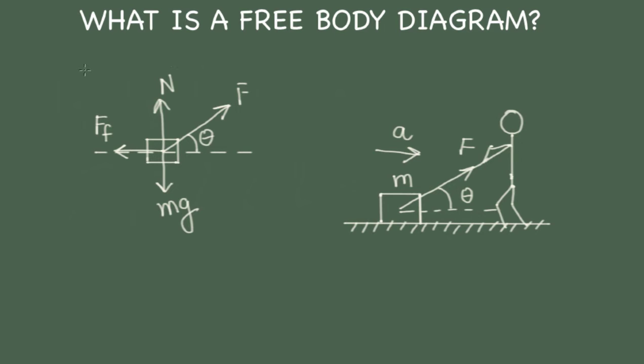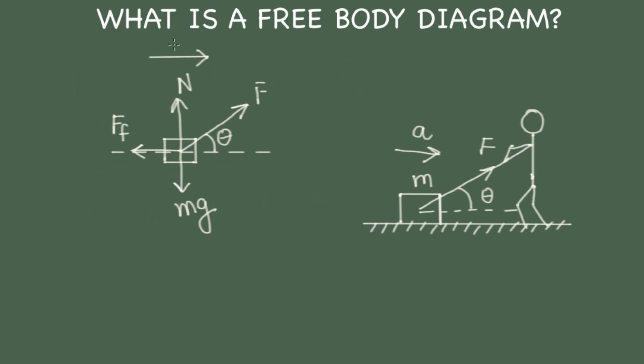So here your free body diagram of this block is ready, but now we have to derive the equations of motion of this block, which is moving in the right direction with an acceleration of a.